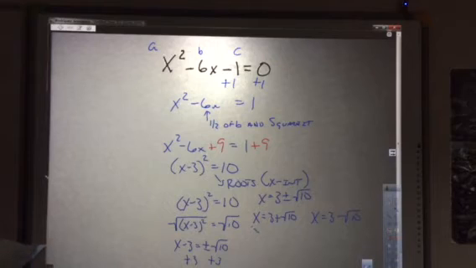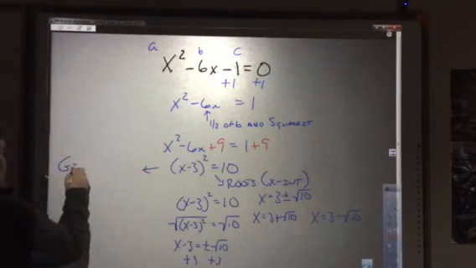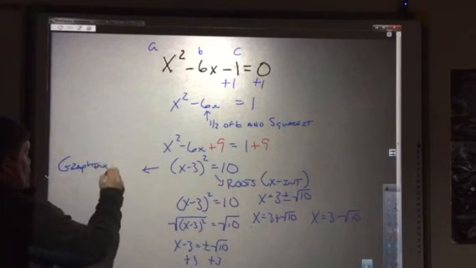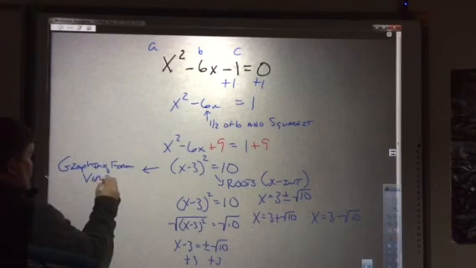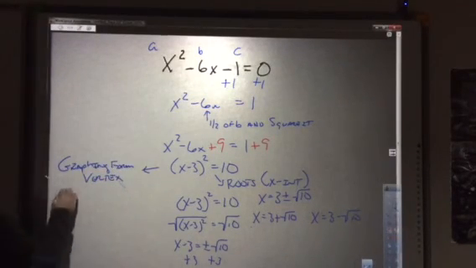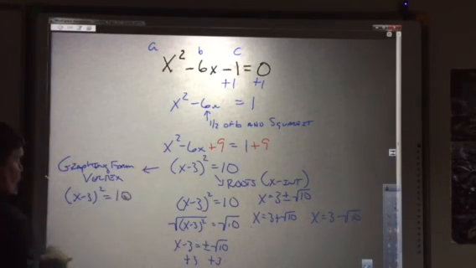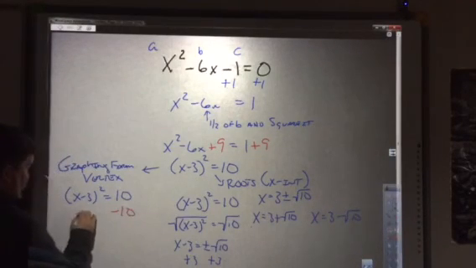Okay? Then if you want to find graphing form to find the vertex, we're going to take x minus 3 squared equals 10. We're going to subtract 10 from both sides.